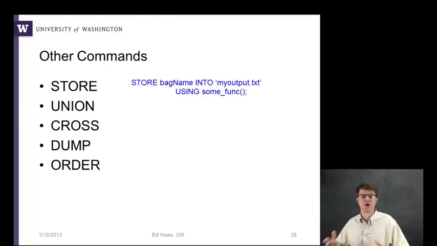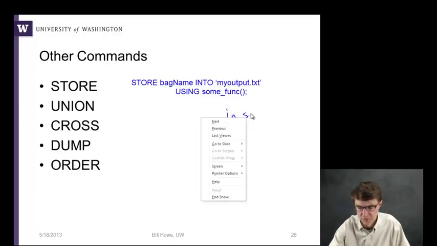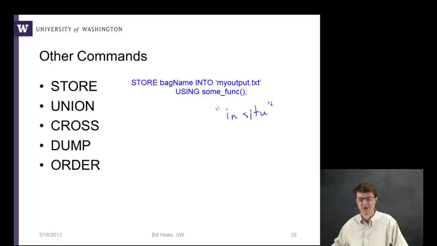And so the ability to work with in situ data is emerging as a key requirement in this big data era that was not such a key requirement in the era of relational databases. Okay.